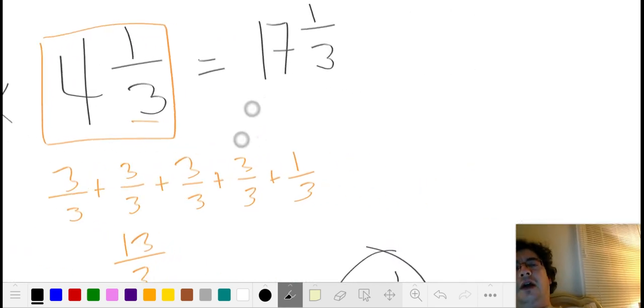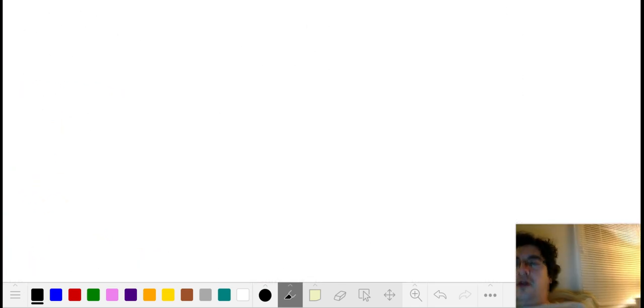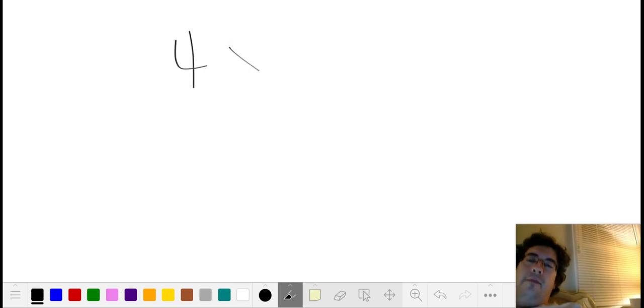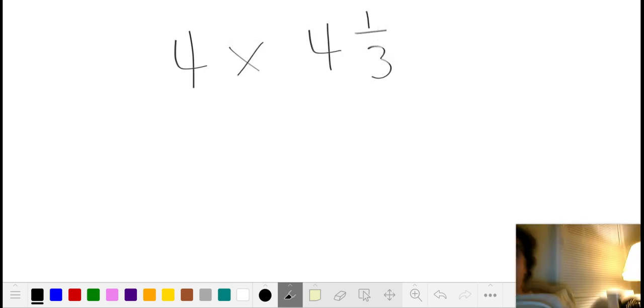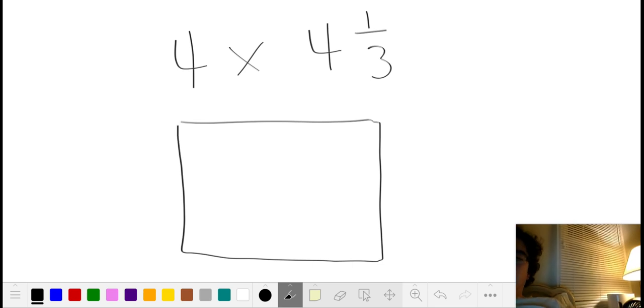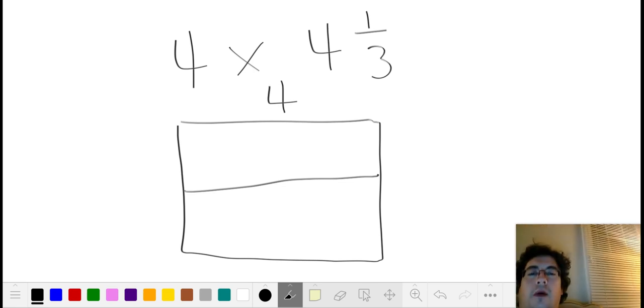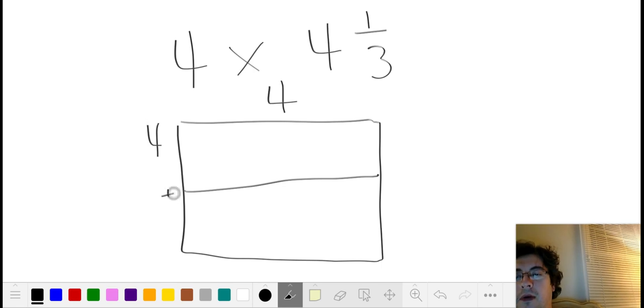Now let's take a look at using an array for this problem. So your array is going to look a little different. So instead of having 4 boxes, I'm only going to have 2. And I'm going to put my whole number 4 here. And then I'm going to break up my 4 and 1/3 into 4 plus 1/3.